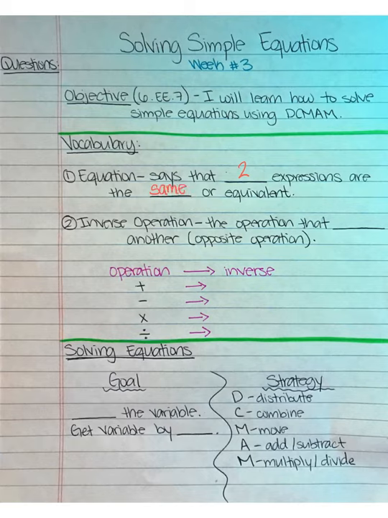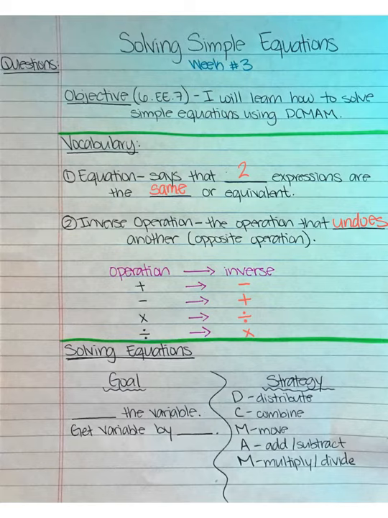Our second word is inverse operation, which is the operation that undoes another, or reverses it. It is the opposite operation. For example, for addition, the inverse operation is subtraction. The inverse operation of subtraction is addition. The inverse operation of multiplication is division. And the inverse operation of division is multiplication.